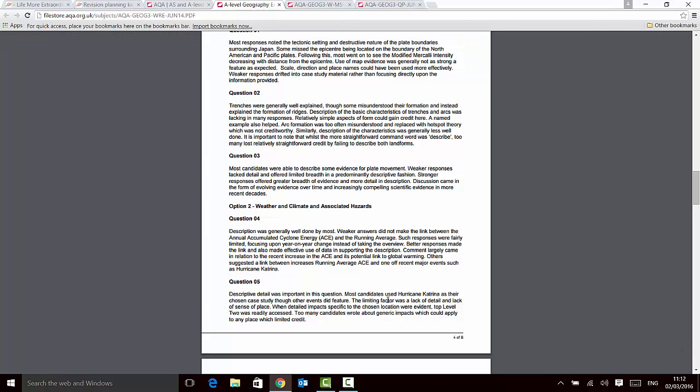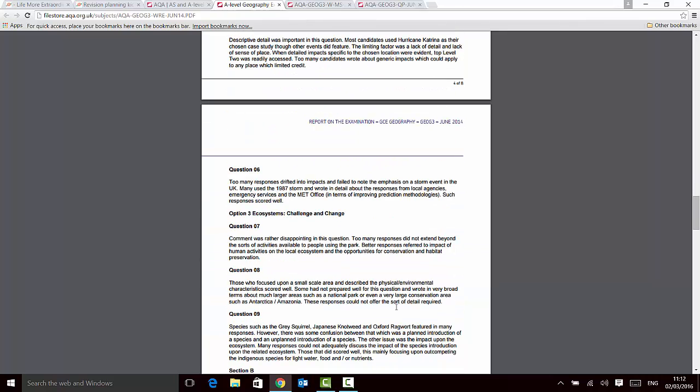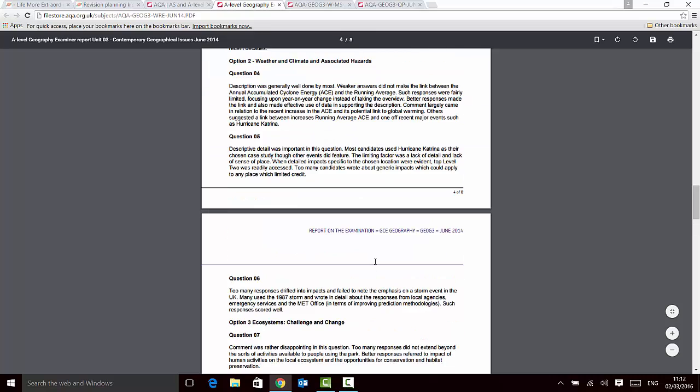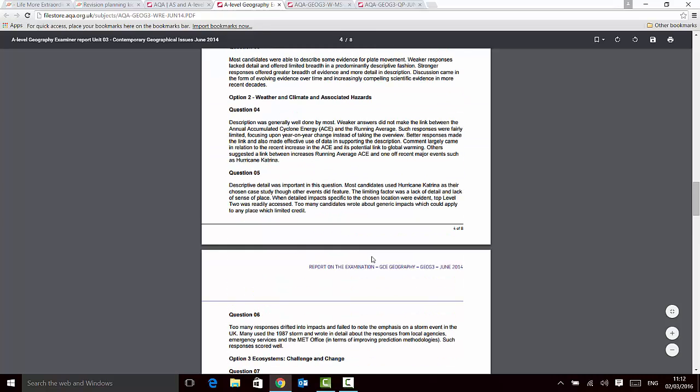So there's not an awful lot of detail in here, but it's worth having a quick look at that, because as much information as you can get about how to do well in each question, the better you're going to do overall. Okay, that's everything about how to find your specification, past papers, mark schemes and examiners reports.